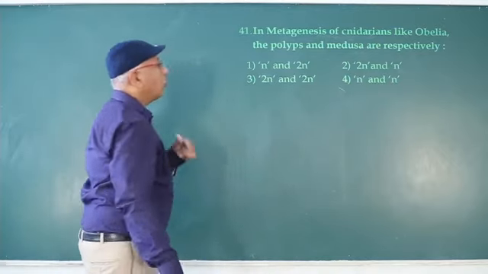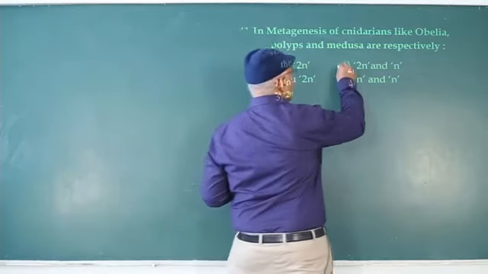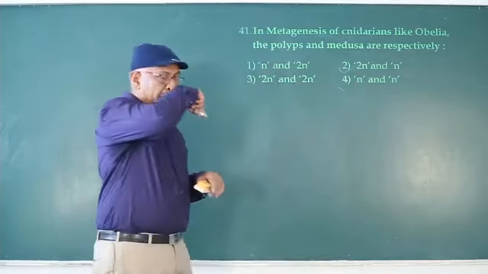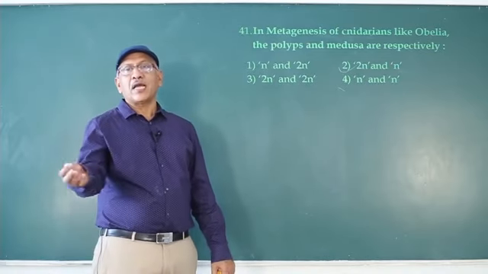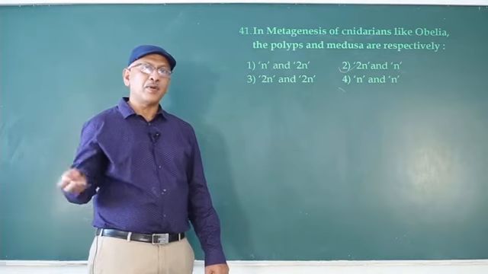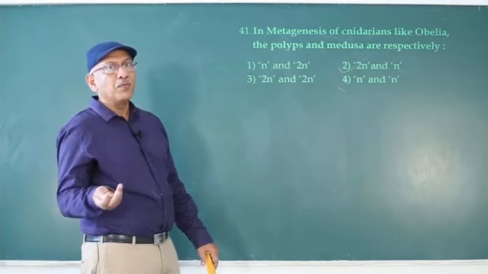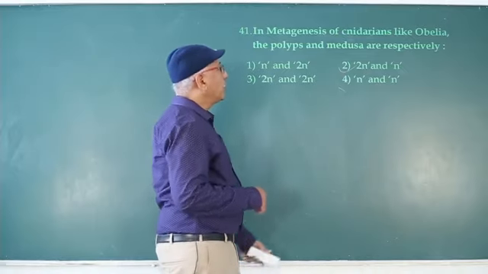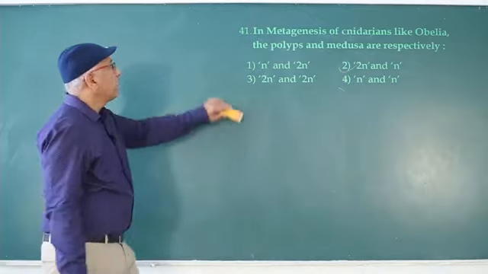You already know the polyp undergoes asexual reproduction, so the polyp is diploid, 2n. Medusa undergoes sexual reproduction, haploid, so they produce haploid gametes. Due to the union of haploid male and female, a diploid polyp forms. That's why the polyp is diploid and the medusa is haploid.